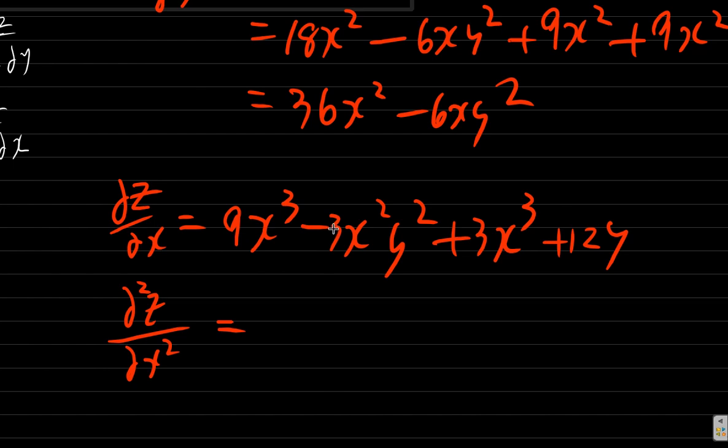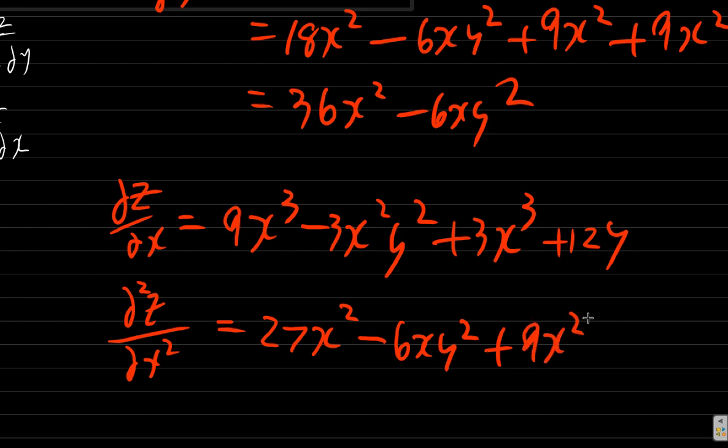Now here, 3 9s 27x squared minus, then you have 3 2s 6xy squared plus 3 3s 9x squared.